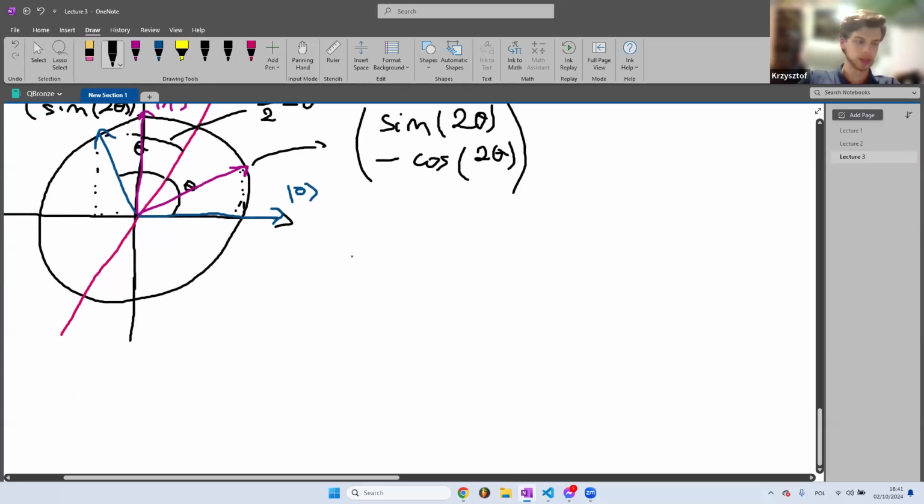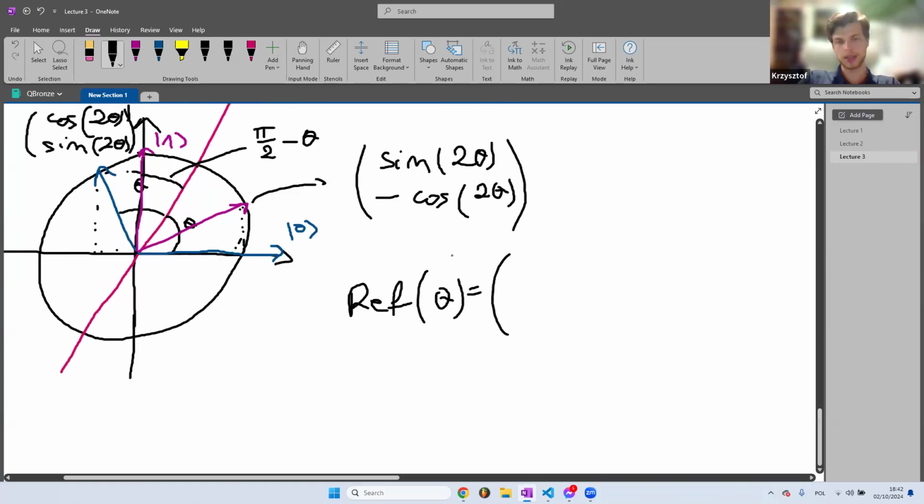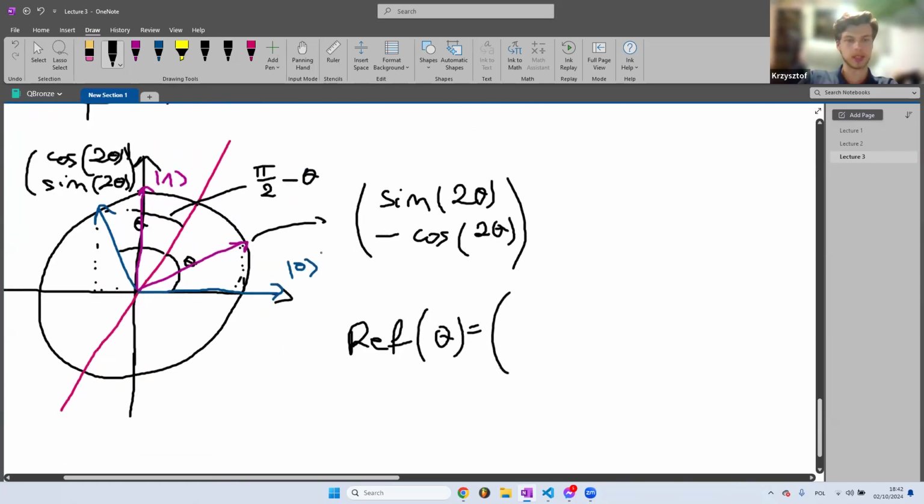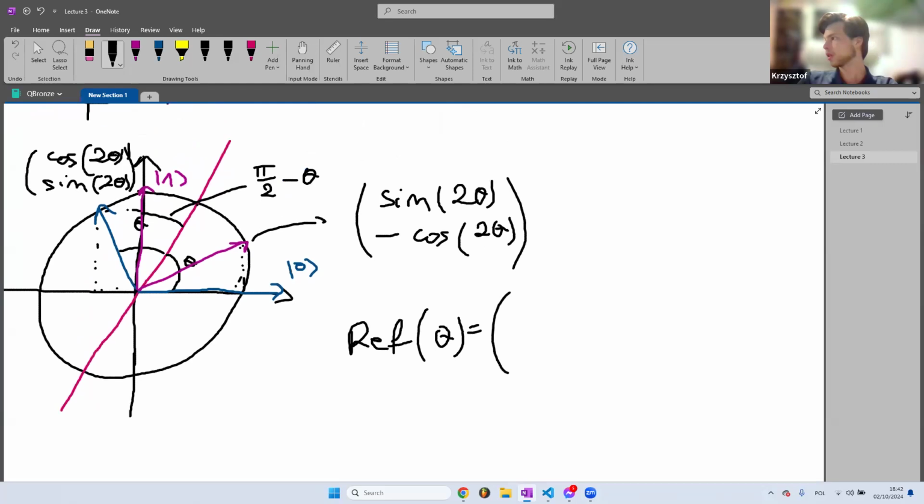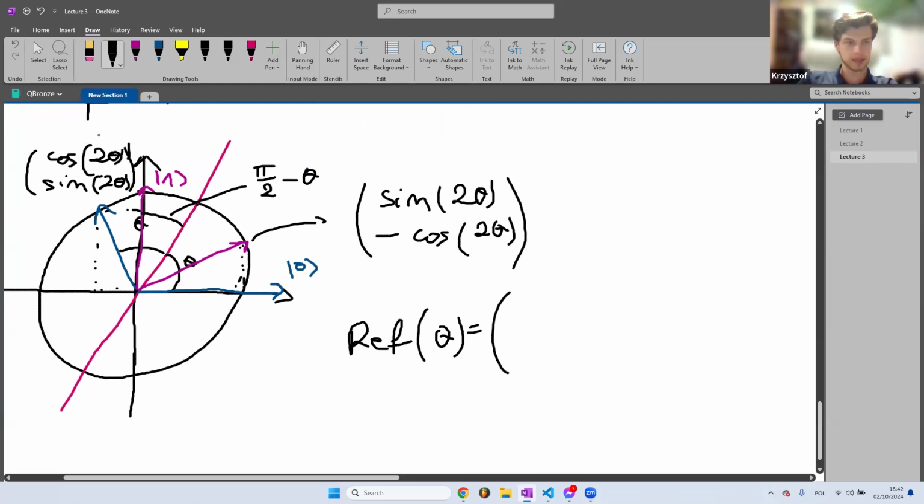So now the matrix of reflection about the line of angle theta will be where the x vector lands, where the 0 vector lands, and where the y vector lands. The 0 vector after the transformation lands in position cosine of 2 theta and sine of 2 theta.